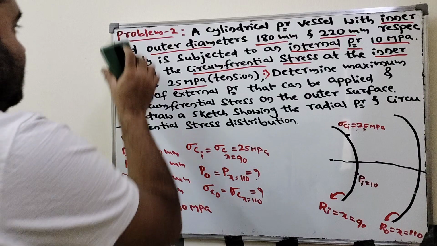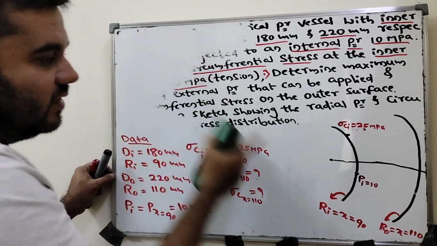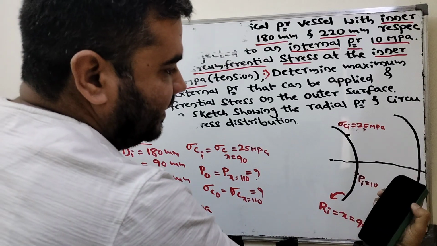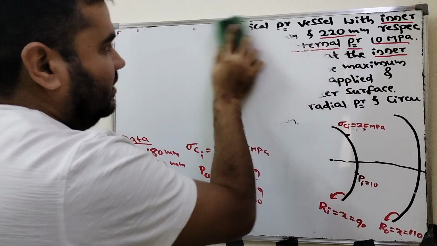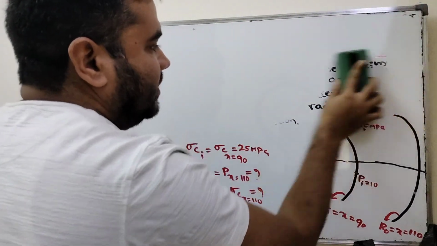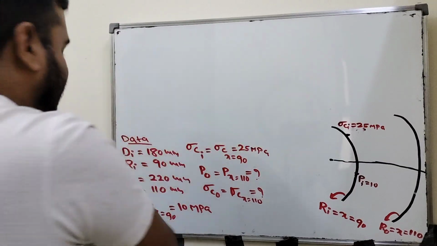Now how do we start to calculate the remaining values, because we want P naught outside and we want sigma C naught? We will use Lame's equations, right? From those we will calculate the unknown values.